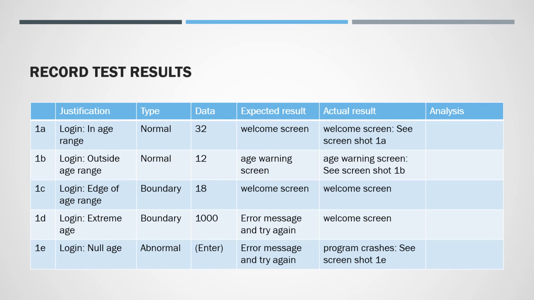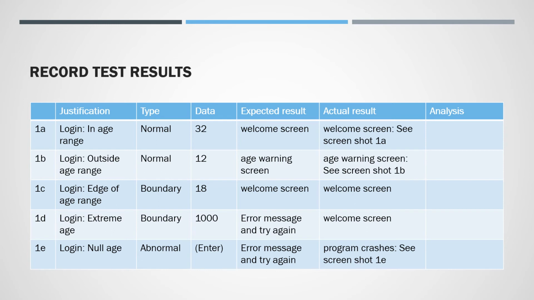So I've got my screenshots elsewhere in my document, perhaps in a separate section, and I've labeled them screenshot 1A, screenshot 1B, and so on. And then I just refer to them in my table. Just a quick description of what happens and perhaps a screenshot.